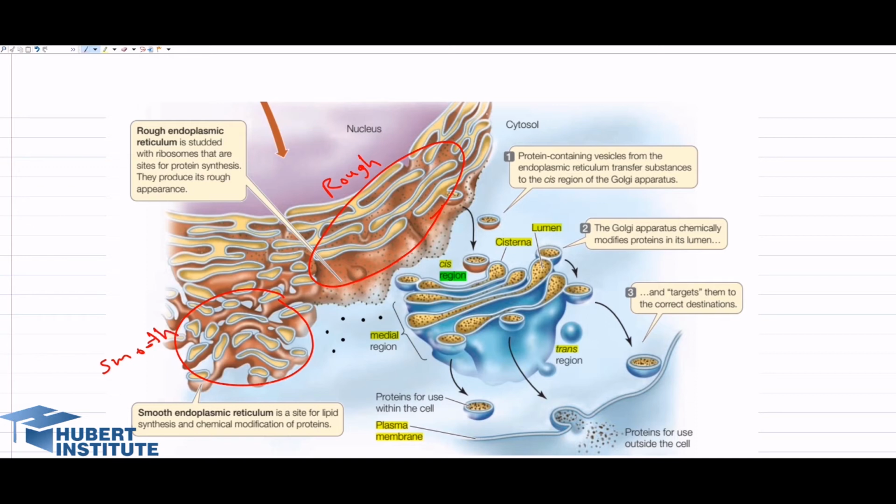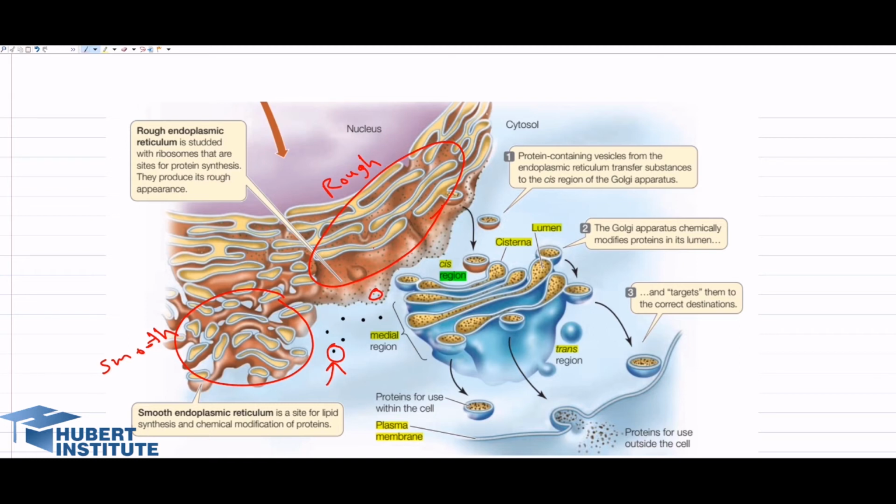This depends on ribosomes, which are protein synthesizing factories of the cell. This is a free ribosome right over here, and this is an attached one, which is attached to the outer surface of the ER. These attached ribosomes give a rough appearance in electron microscopy.